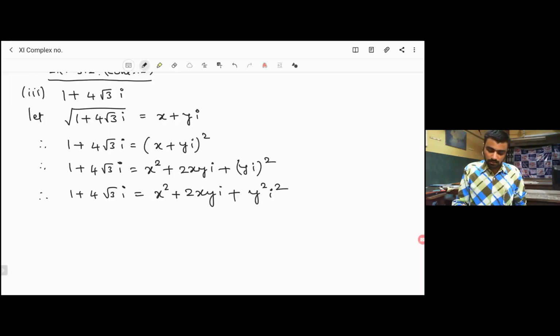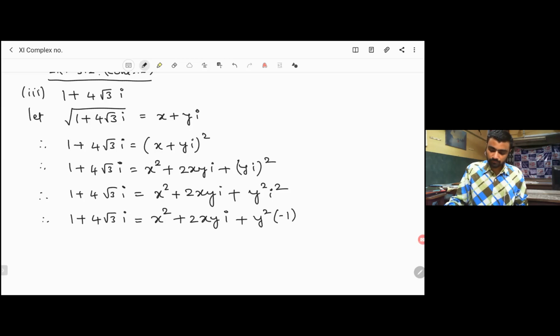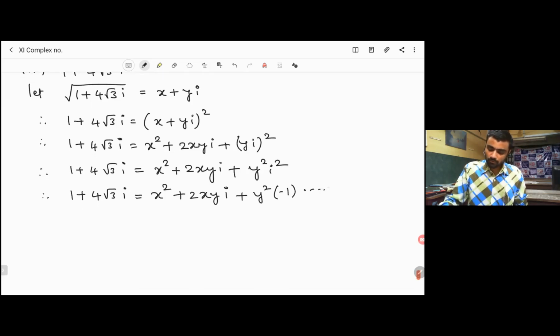In the next step, left hand side as it is, 1 plus 4 root 3i is equal to x square plus 2xyi plus y square, and in place of i square write -1, as you know i square is equal to -1.